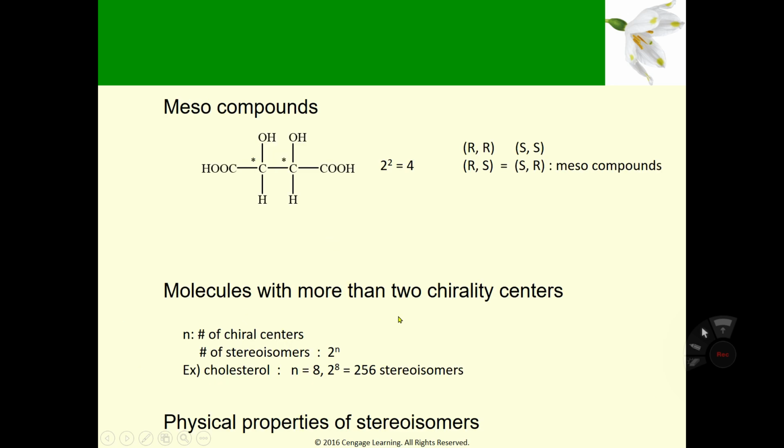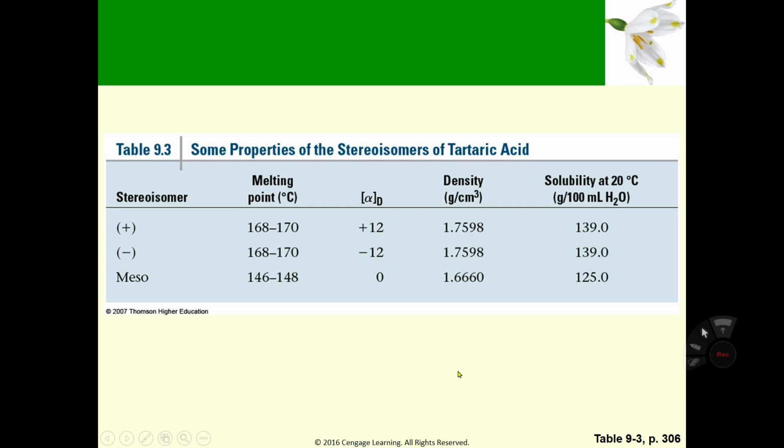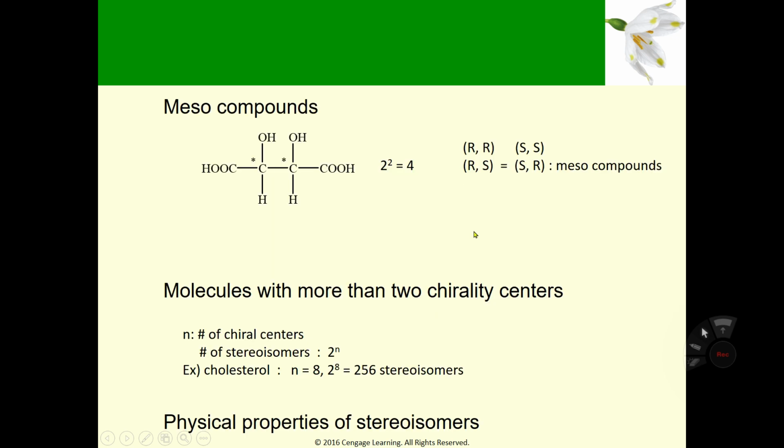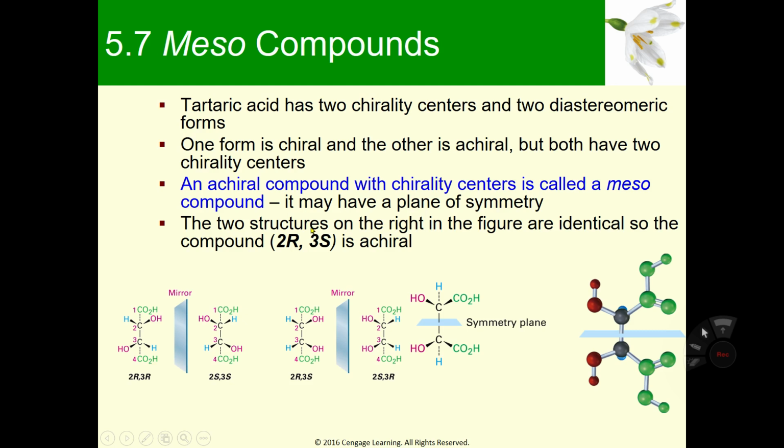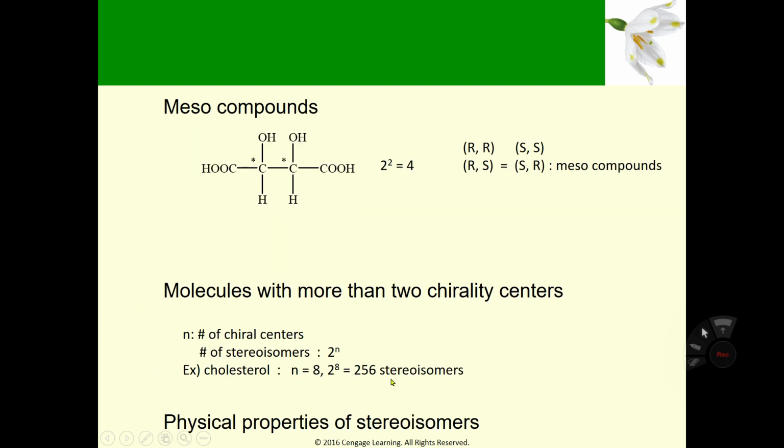Now, let's look at the physical properties of stereoisomers. For example, this is the compound we talked about. This is tartaric acid. Okay, and this tartaric acid has two chiral centers, so we can imagine four different cases.